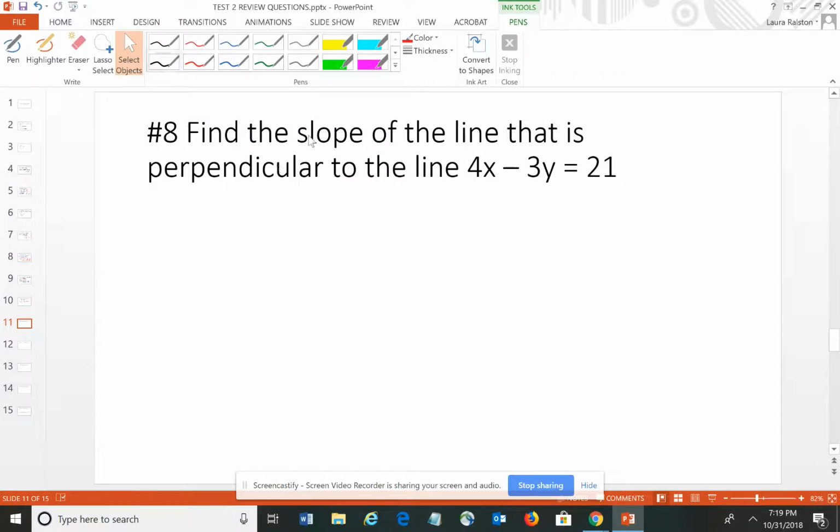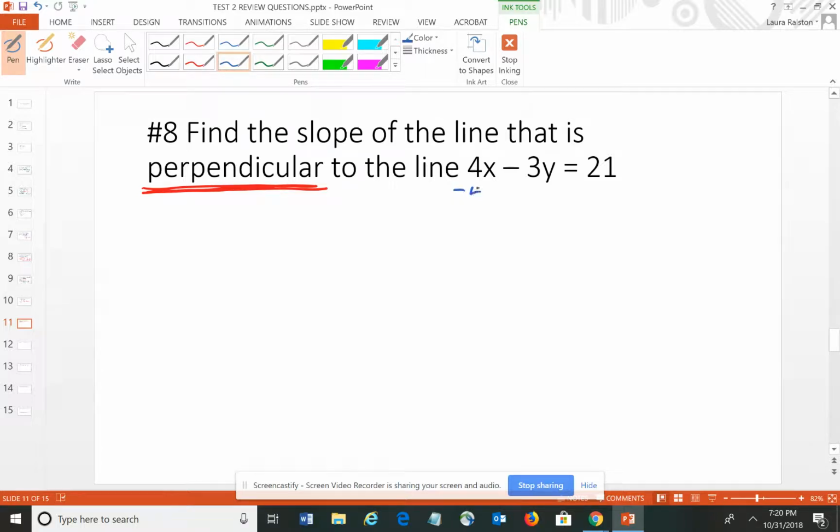Find the slope of the line that is perpendicular. Okay, that's important to notice. Perpendicular to the one that's given. Well, I can't really tell what the slope of the given line is, and the best way to find that is to solve it for y.